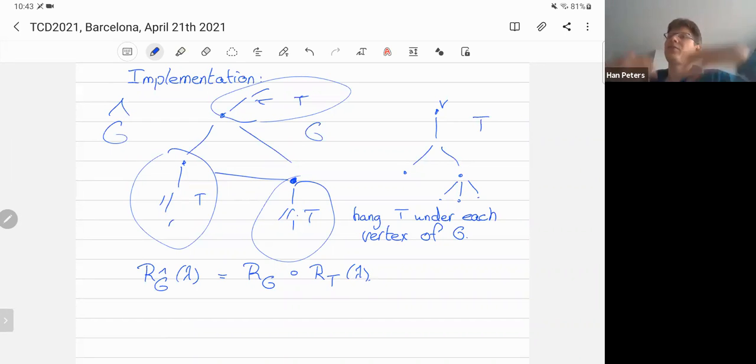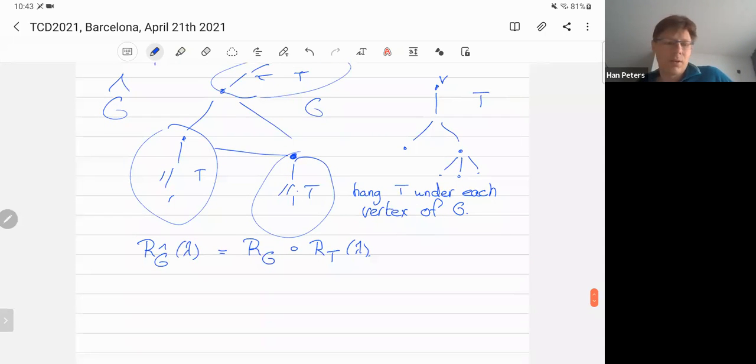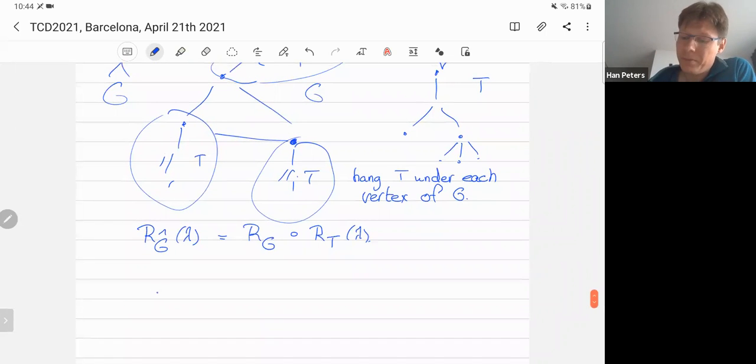And the Cayley trees is very particular. Well, it's not quite the same as this. So this is called implementation. And one implementation we use a lot is in the simplest graph you can imagine, namely a path.